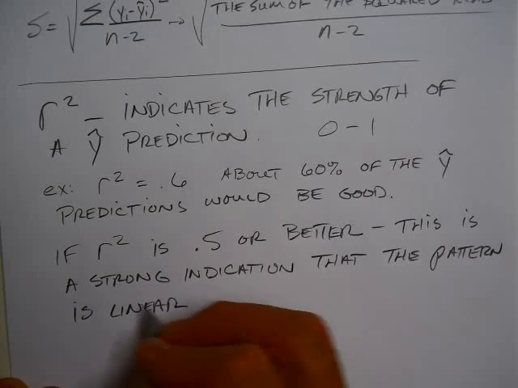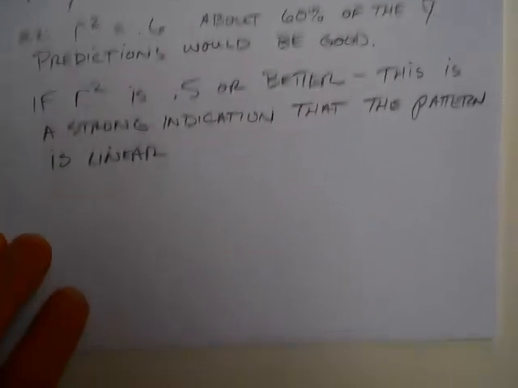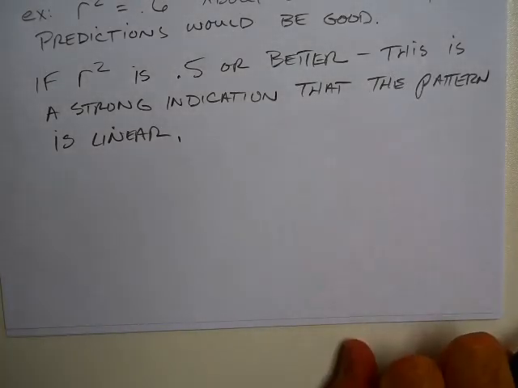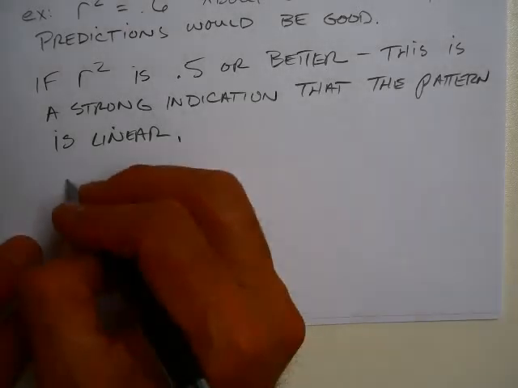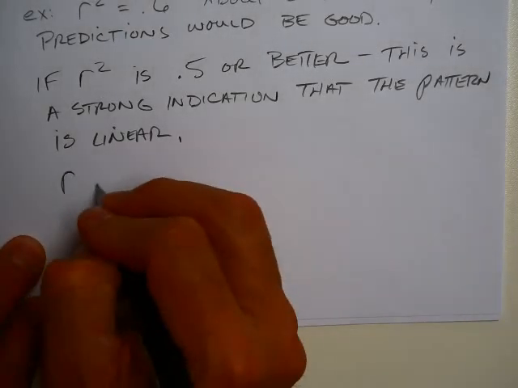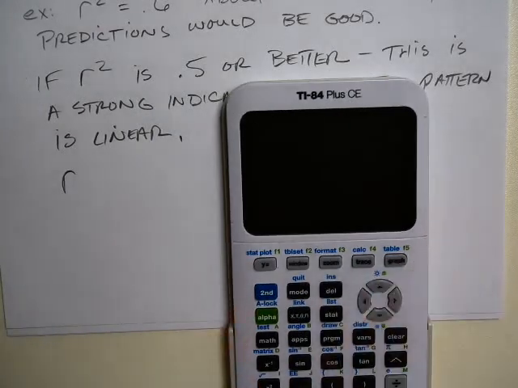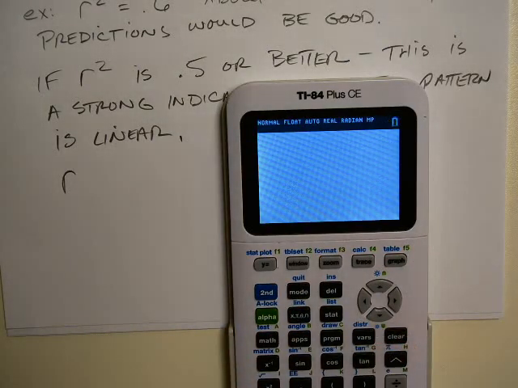It's not everything that we want to look at, but it's a big part of it, because we also have the residual graph to look at as well. What does R have to be for R squared to be greater than 0.5? Well, if I take 0.6 for R and I square that, that's not 0.5.